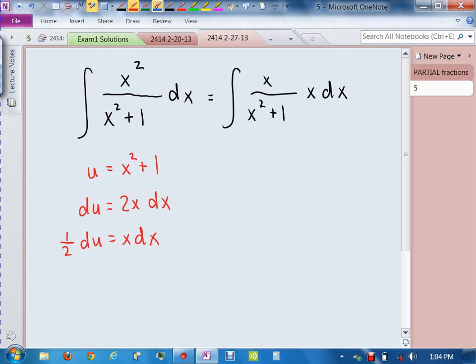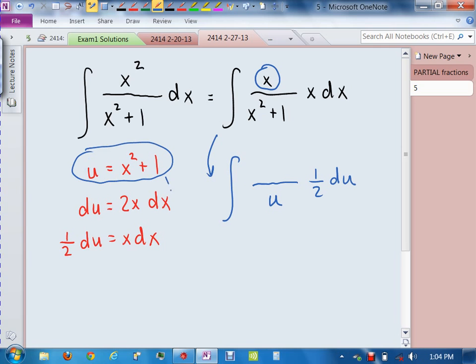Now let me rewrite the integral. The bottom is u, and this over here is 1/2 du. But what about that x? I would have to take this equation here and solve it for x. So move the 1 over, and then take the square root.